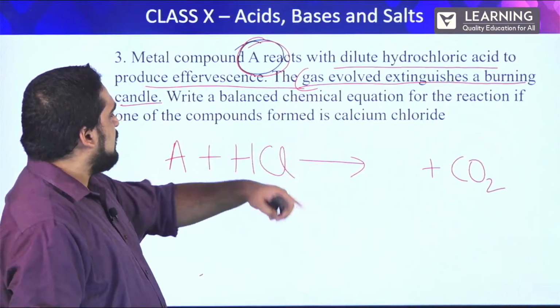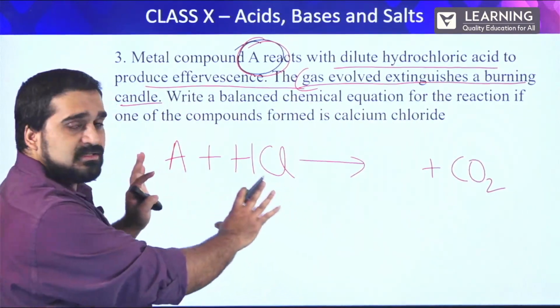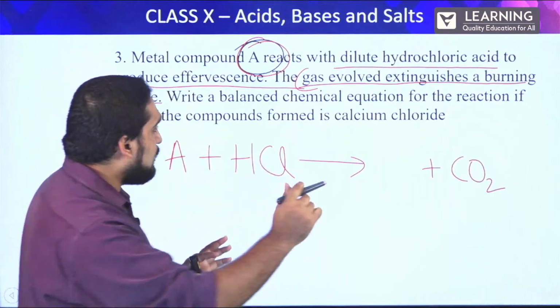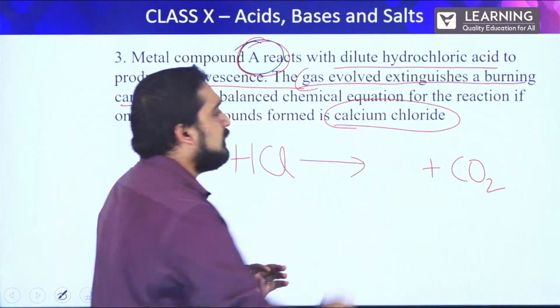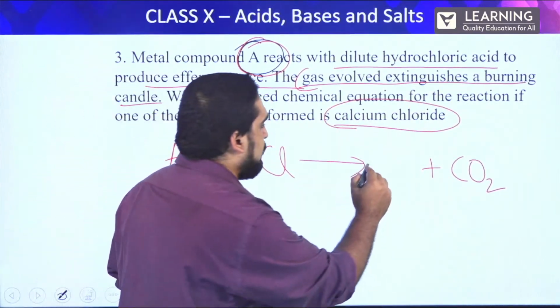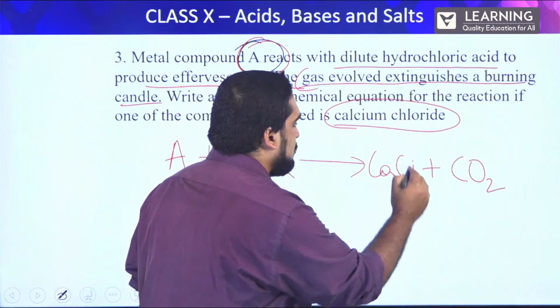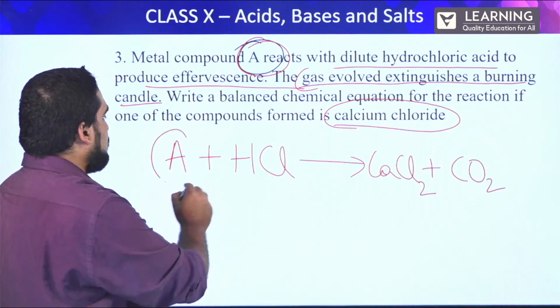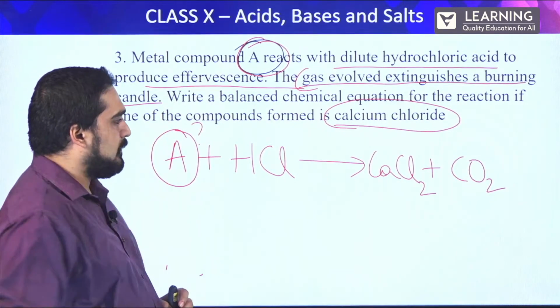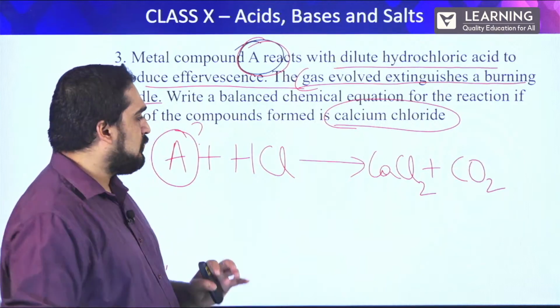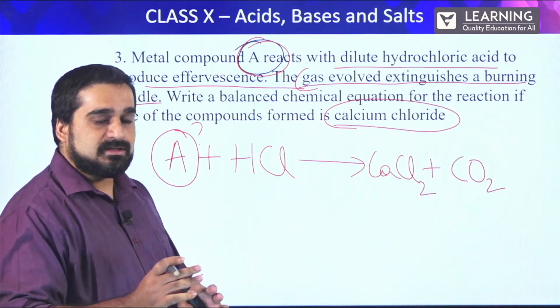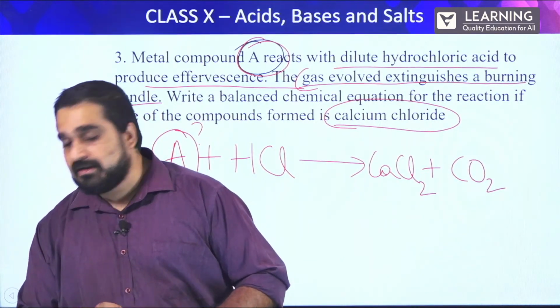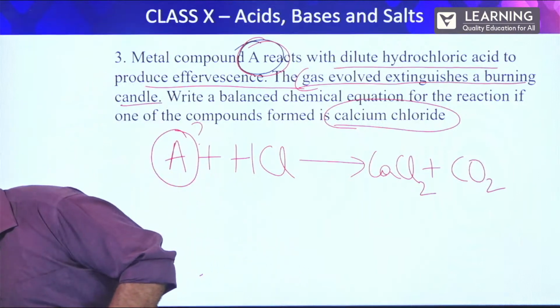Write a balanced chemical equation for the following. So these are the hints that have been given to us, and one last is calcium chloride, CaCl2. So now I need to identify what is A. Okay, can you do this? Let me present you the answer, but before then let me see if anyone can reply to this.